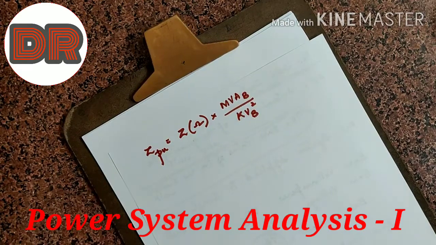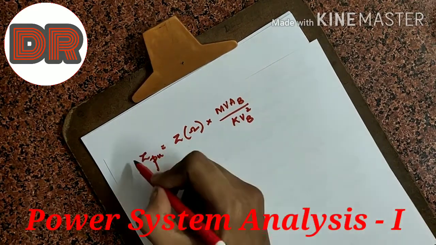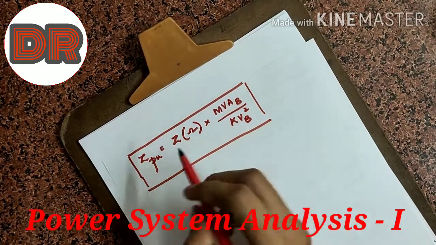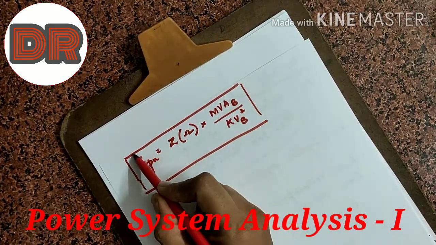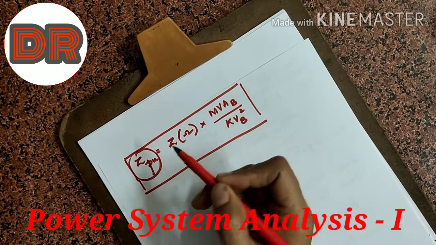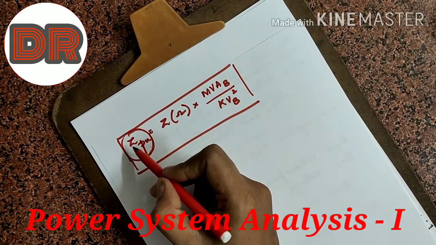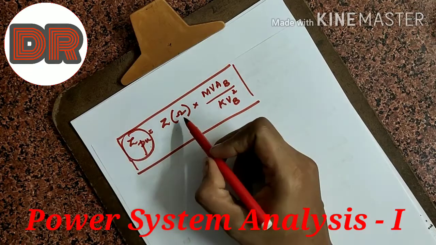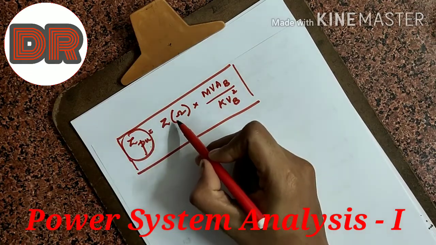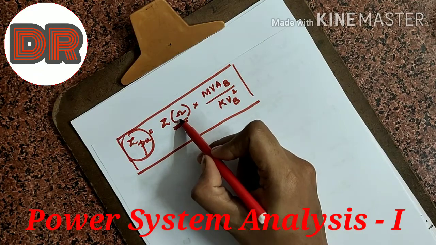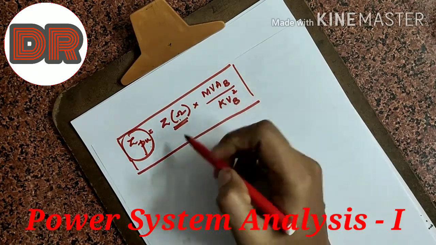Remember, this is the equation to be used to calculate the per unit value of impedance or reactance or resistance when the actual parameter is given in terms of ohm.